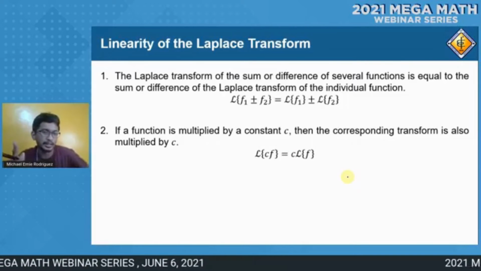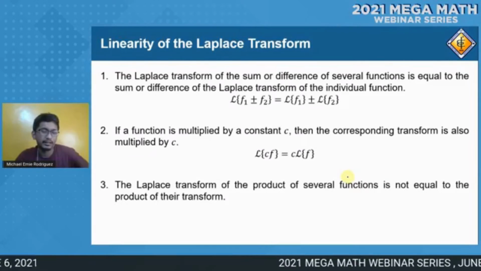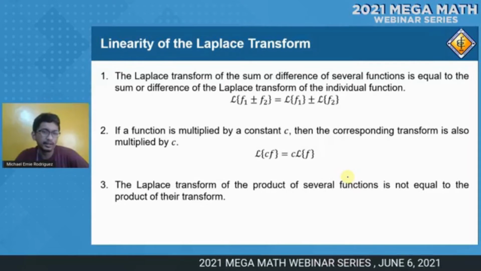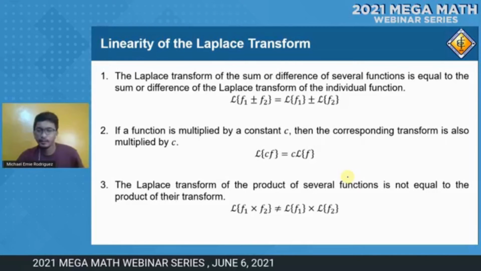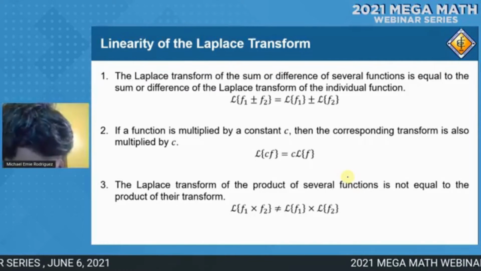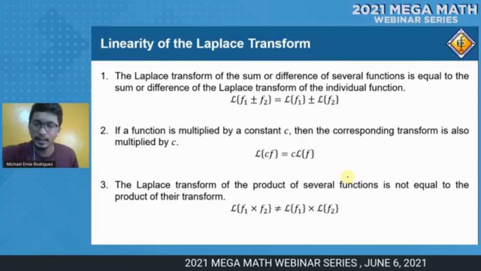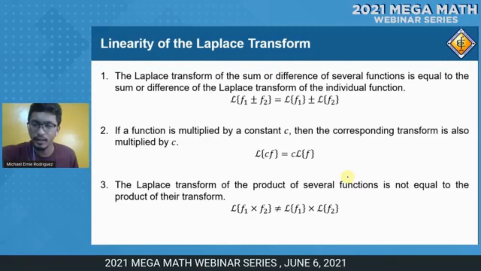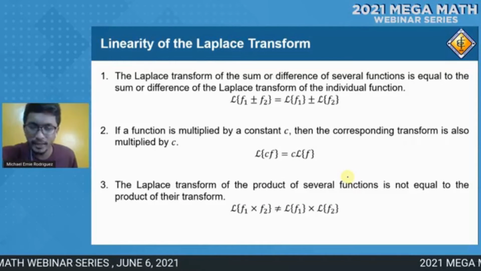And then, ito ang kadalasang mali ng estudyante natin. Kaya, nilagay ko na itong third rule. Okay? Ito kasi ang kadalasang mali. Ang kadalasang mali ng ating estudyante is, pag mayroong product ng several functions, di ba? Meron dyan na Laplace transform of f1 times f2.